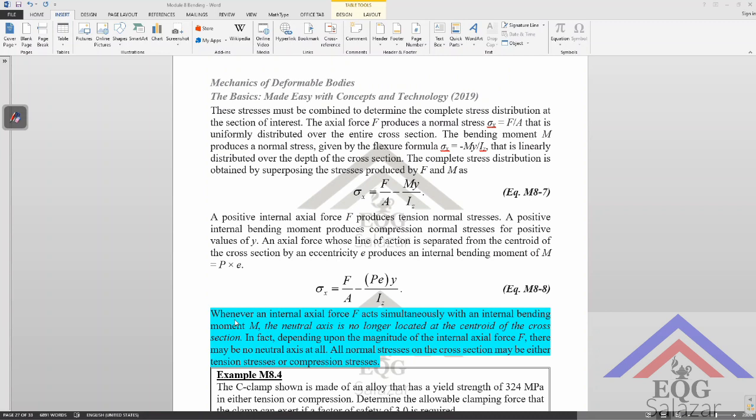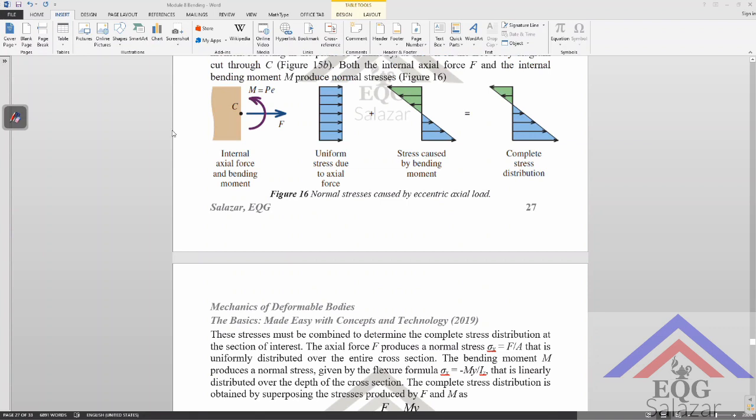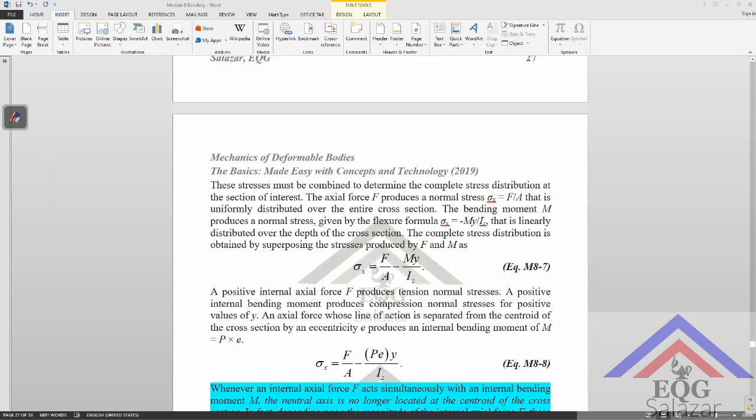All normal stresses on the cross section may be either tension or compression. To get the stress at the topmost point, it's just this stress plus this stress, and that's why we have this equation here: F over A minus My over Iz.